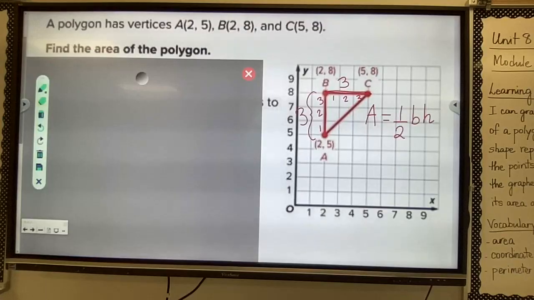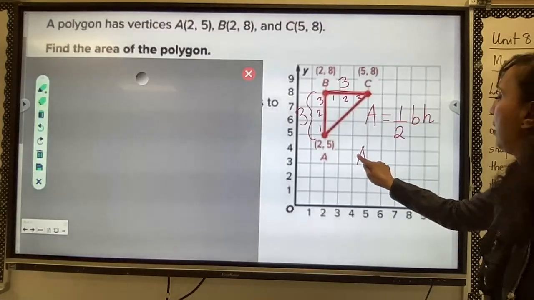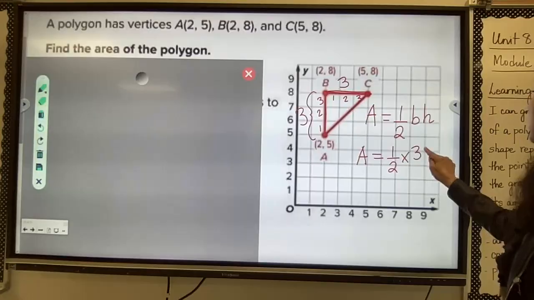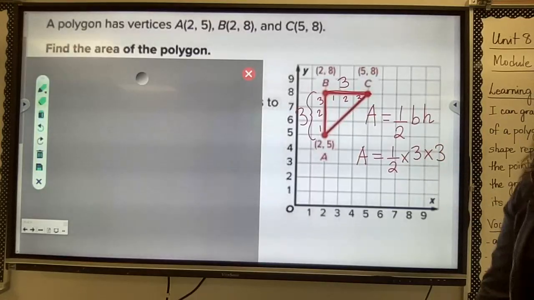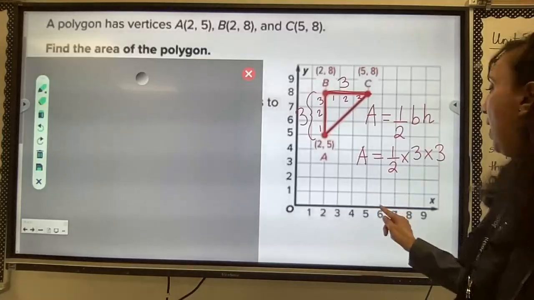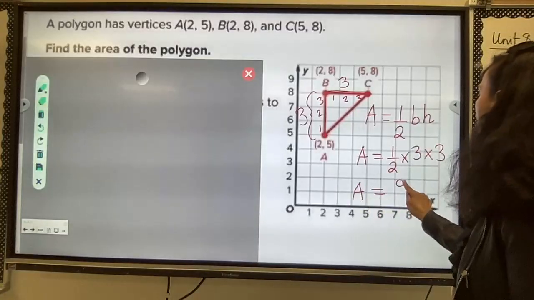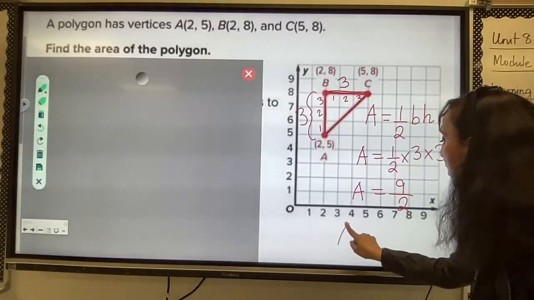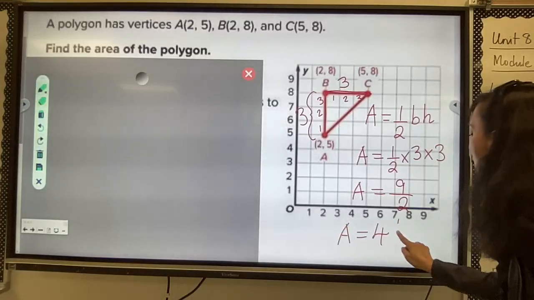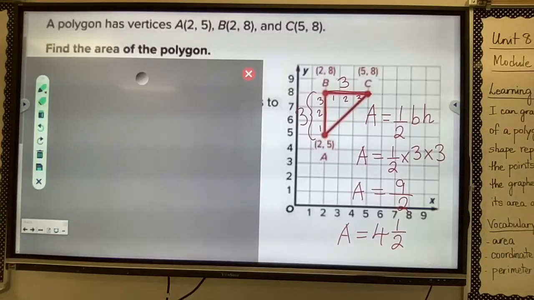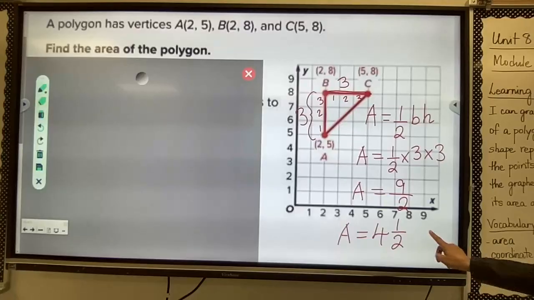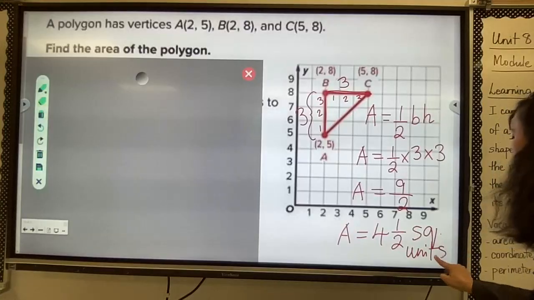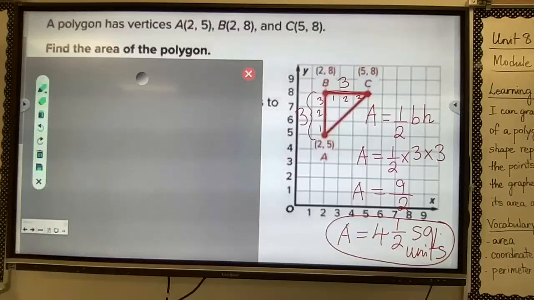So I substitute the values that I just got, and I have 1/2 times 3 times 3. And what is 3 times 3? That gives me 9 over 2, right? And so my area is going to be 4 1/2 square units in this triangle.